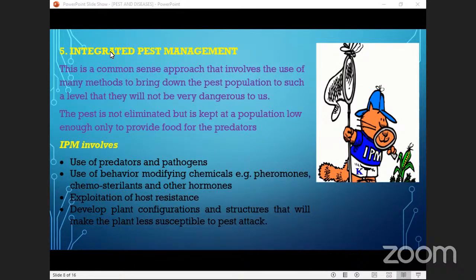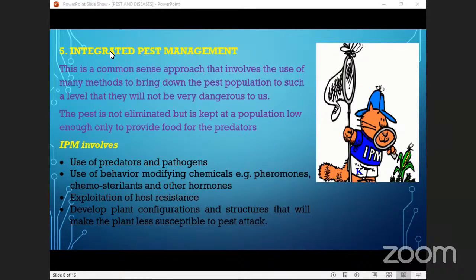Breeding crops of different types. You bring hormones of crops, genes, tissues of crops which have different potentials in controlling a certain pest.